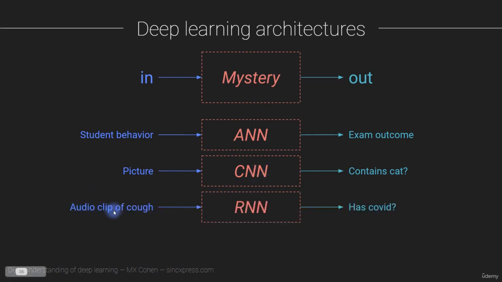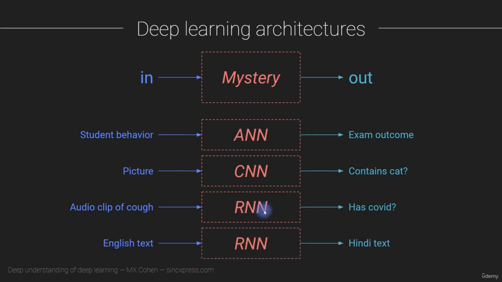If you have a time series like an audio clip and you want to see if you can predict some specific outcome, then you would use an RNN, which stands for recurrent neural network. And I already gave another example of translating text from one language into another that's also done using an RNN architecture.